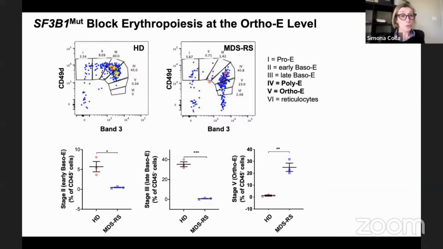And we were able to show that, again, we observe an increase here of orthochromatic cells.